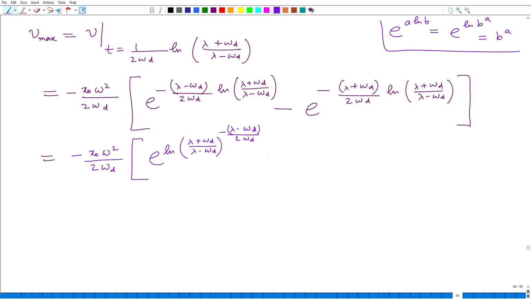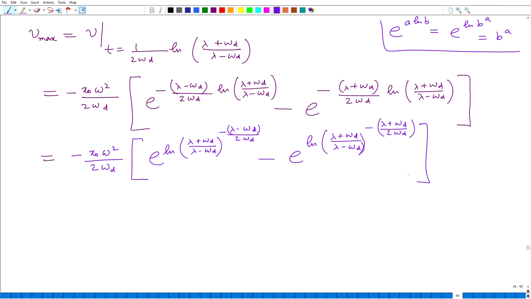Okay. And then minus e to the log lambda plus omega d by lambda minus omega d, whole to the minus lambda plus omega d by 2 omega d.